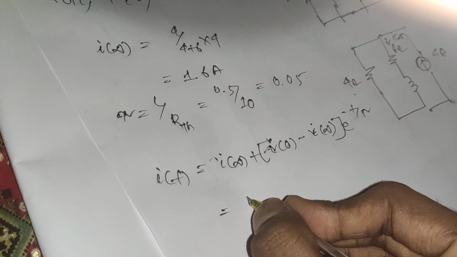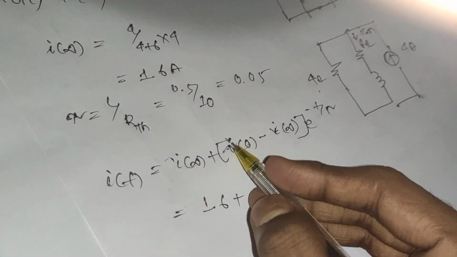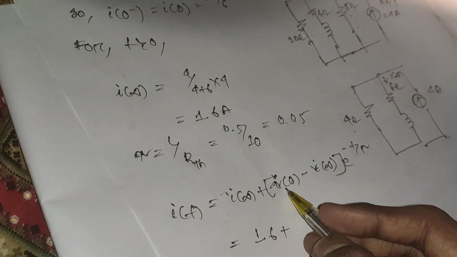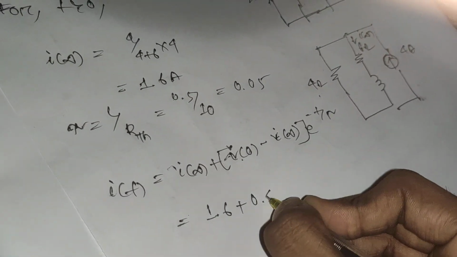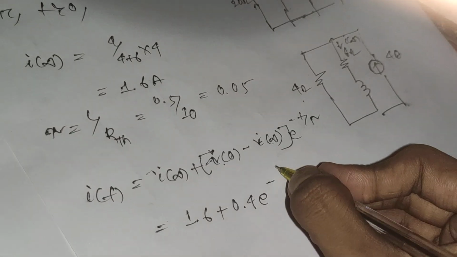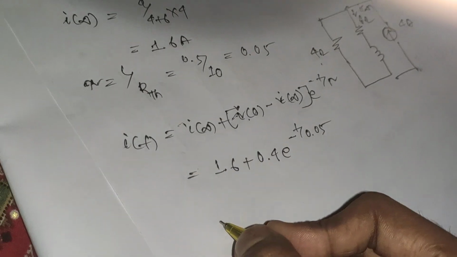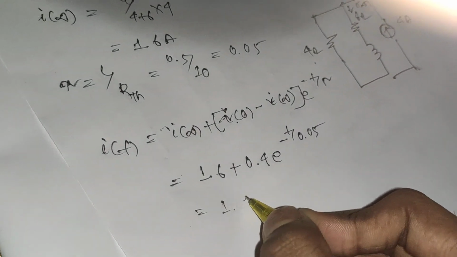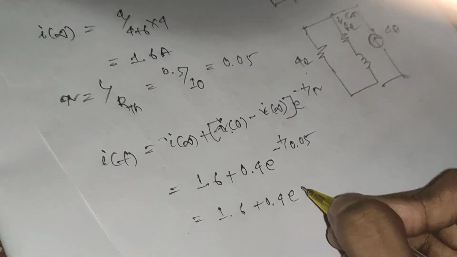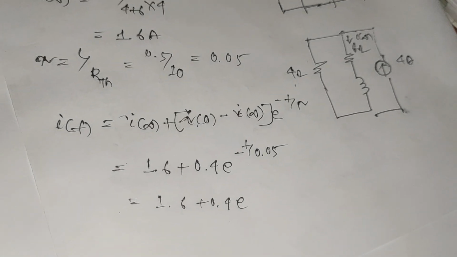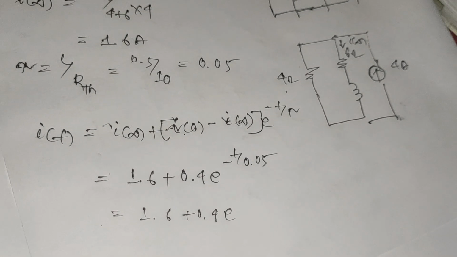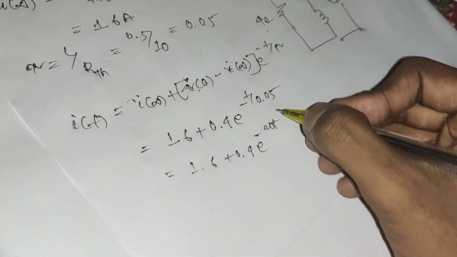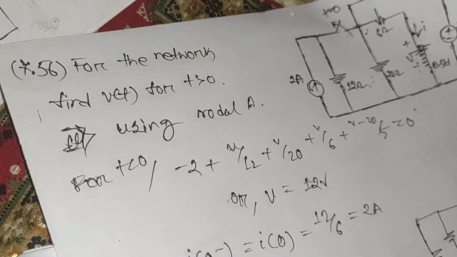So 1.6 plus (2 minus 1.6), which is 0.4, e to the power minus t by 0.05. So this will be the answer for our current, or we can simply write this as 1.6 plus 0.4 e to the power minus 20t ampere.